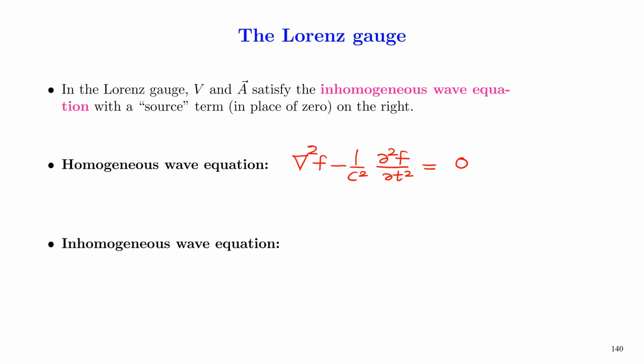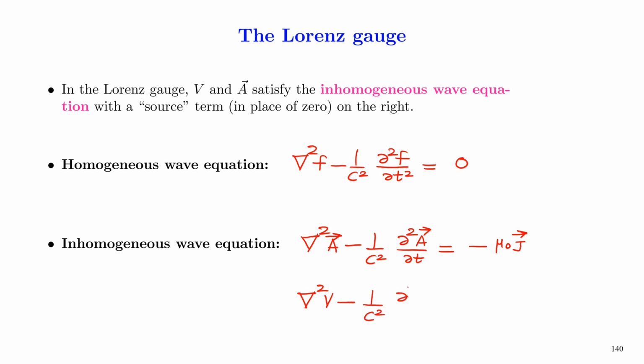Now when we use the Lorenz gauge, the corresponding equations are del square A minus 1 over c square dou square A over dou t square, which has a source term on the right hand side, that is negative mu 0 j. And for the scalar potential, del square V minus 1 over c square dou square V over dou t square is equal to negative 1 over epsilon 0 rho.